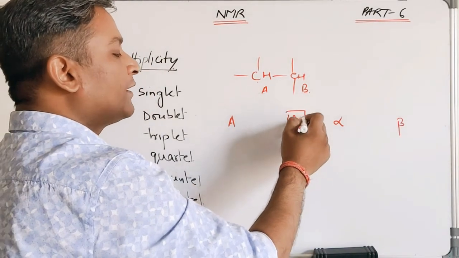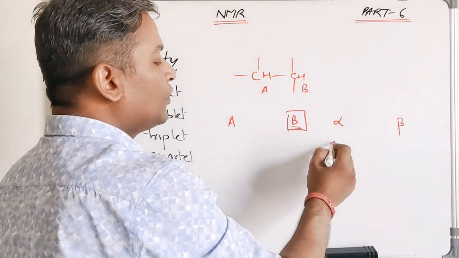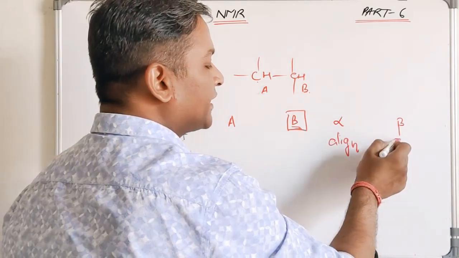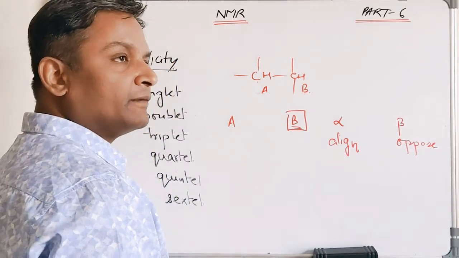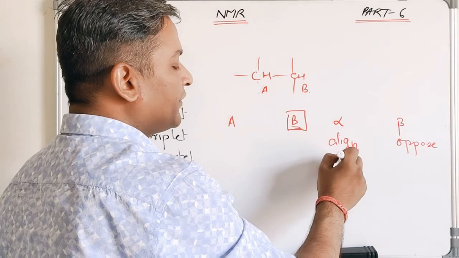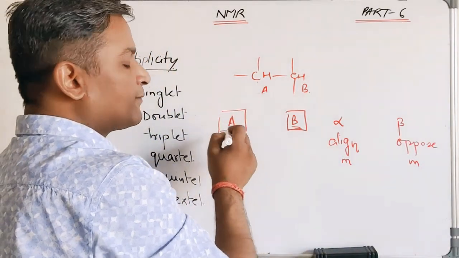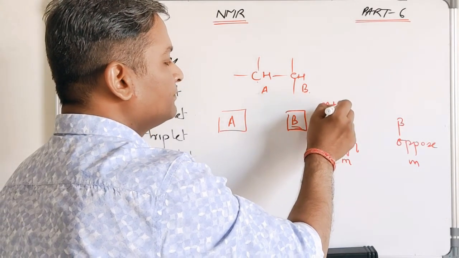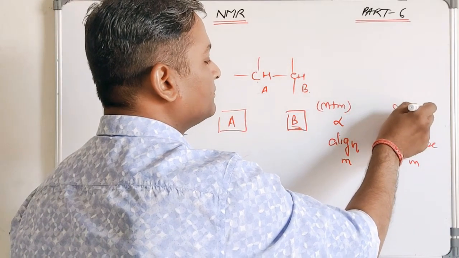So proton B will generate two types of magnetic field. One will be in alignment with the external magnetic field, and the second will oppose the external magnetic field. Suppose the magnetic field generated is m. So A will observe two types of magnetic field: one will be M plus m and one will be M minus m.